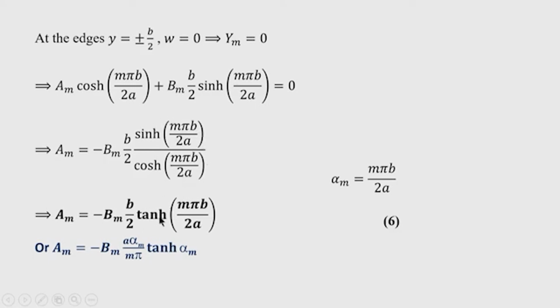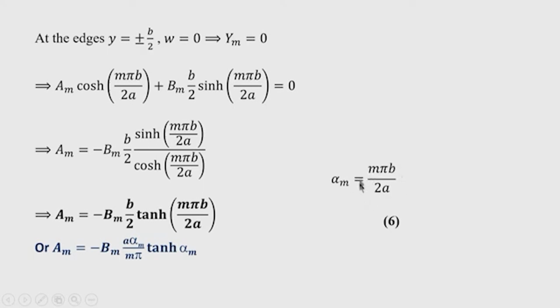This ratio is tan hyperbolic, so I have written this function as minus B m, b by 2, tan hyperbolic m pi b by 2a. Now, note here that the quantity inside the parenthesis is written as a number alpha m, which is nothing but m pi b by 2a, and it is a constant that depends on the harmonic number.